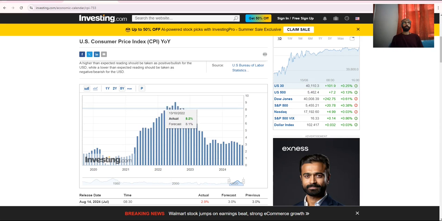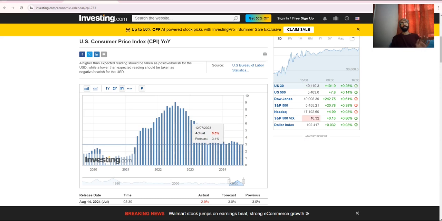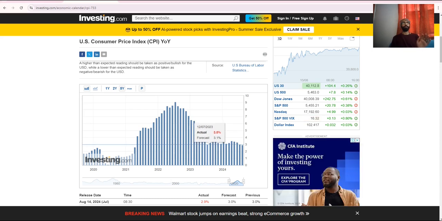Then it is coming down. 7.8%, 6.4%, 6%, 5%. By July of 2023, the inflation rates have stabilized at around 3%, right? So you can see here the rates are stable. 3%, 3.4%, 3.1%, 3.2%, like that.